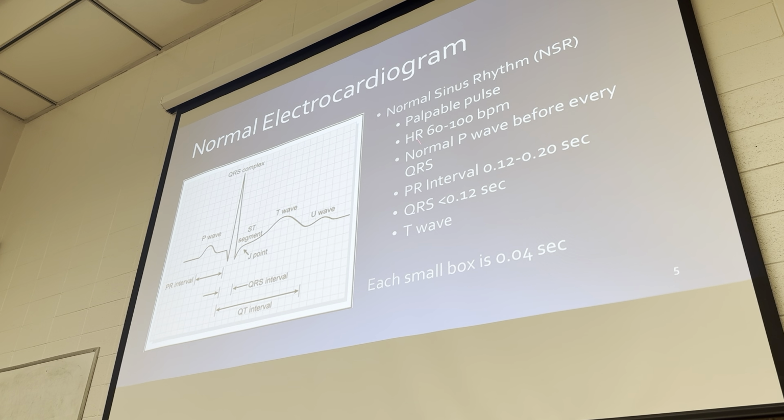There needs to be a normal shaped and sized P wave before every QRS complex. The PR interval needs to be between 0.12 and 0.2 seconds. The QRS, less than 0.12 seconds. And then there needs to be a T-wave. Okay? And then again, just remember that each of these small boxes is 0.04 seconds. And then that's how we measure the time that everything is taking.